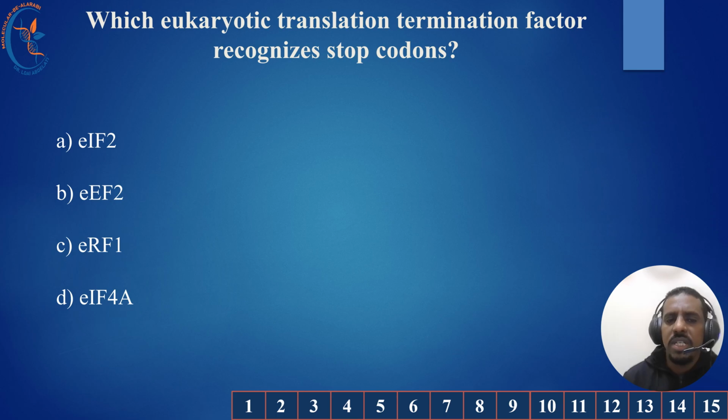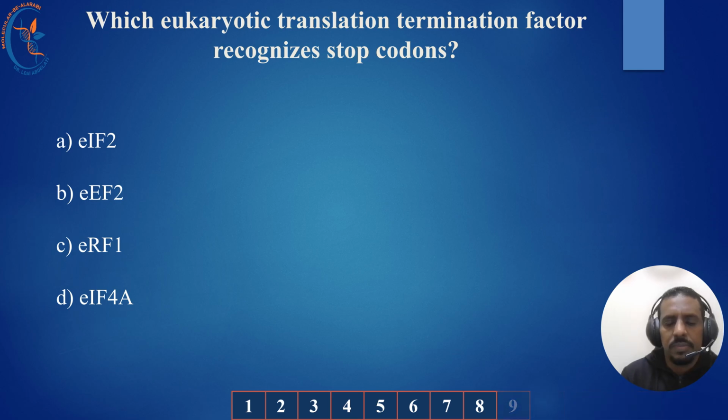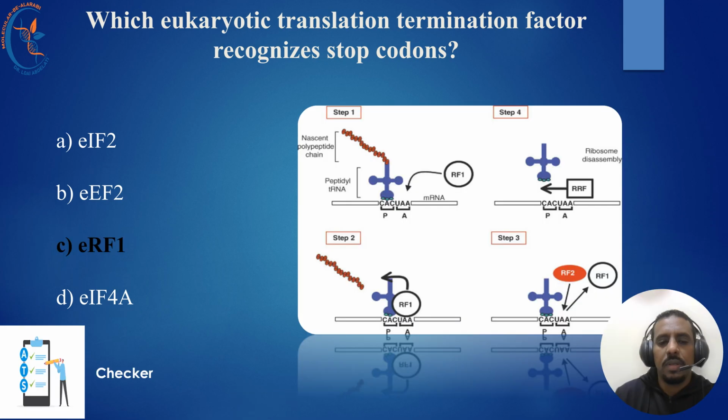So the next question is: which eukaryotic translation termination factor recognizes stop codons? All right, the eukaryotic translation termination factor that recognizes the stop codon is eRF1, or eukaryotic release factor 1.